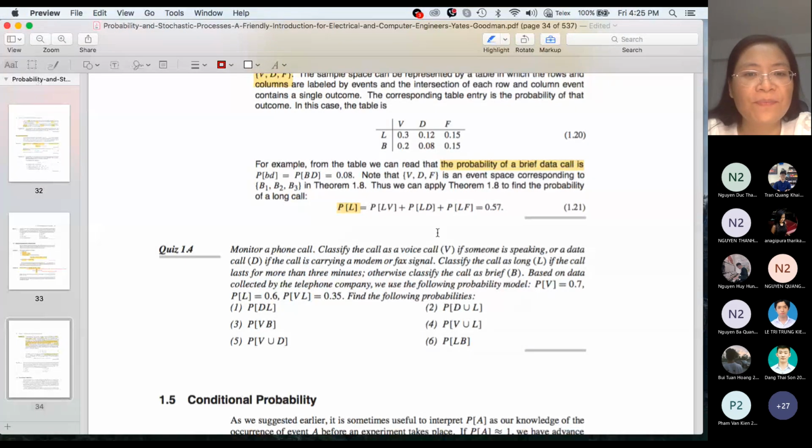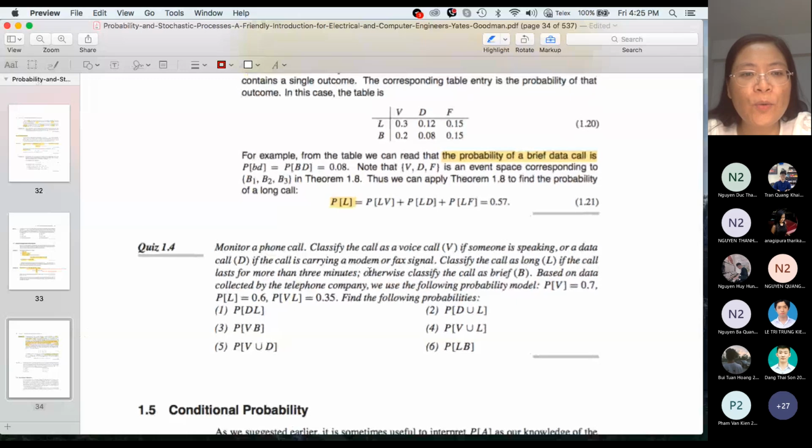Okay, next, our class will do quiz 1.4. Monitor a phone call. Classify the call as a voice call, V, if someone is speaking, or a data call, D, if the call is carrying a modem or fax signal. Classify the call as long, L, if the call lasts more than 3 minutes, otherwise as brief.